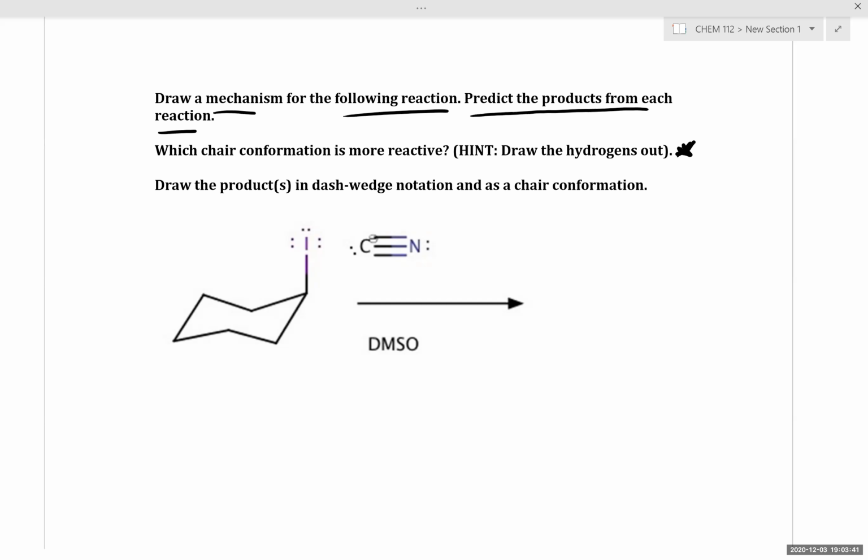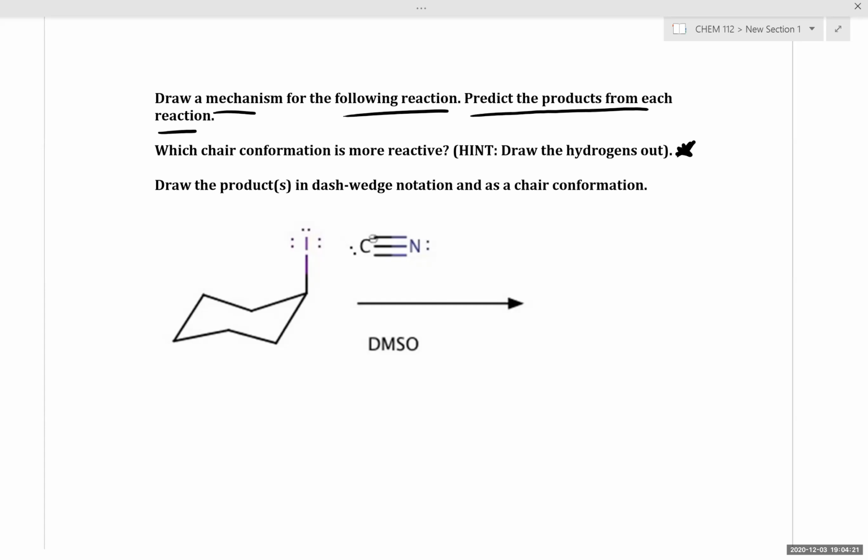Would anyone like to share a proposed mechanism for this SN2 reaction? Don't be shy to break out the annotate tool and share your proposed response.